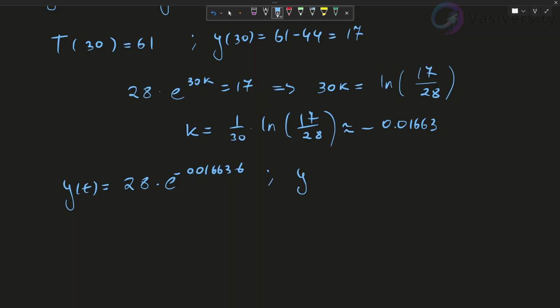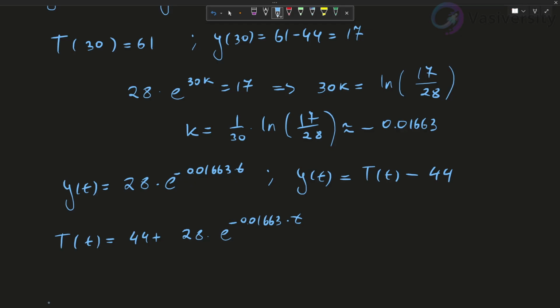But we don't want y, we want T. Remember that y of t was equal to T of t minus 44. So the temperature is actually going to be 44 plus 28 times e to the negative 0.01663 times time. Perfect.